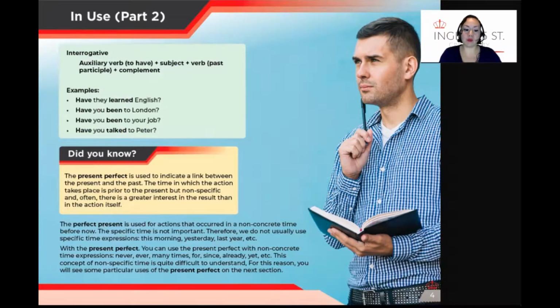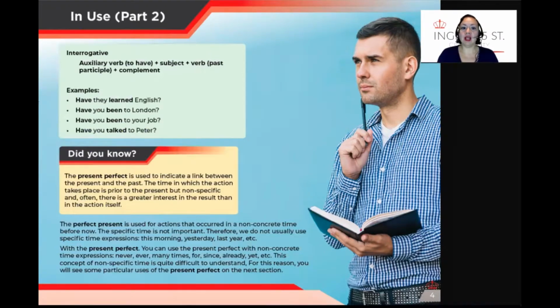But in this case, we are making questions. So we are going to start the sentence with have or has, then the personal pronoun, and then the verb in past participle. And finally, the rest of the sentence, okay? It's going to be have, the personal pronoun, and the verb in past participle, as in the examples.